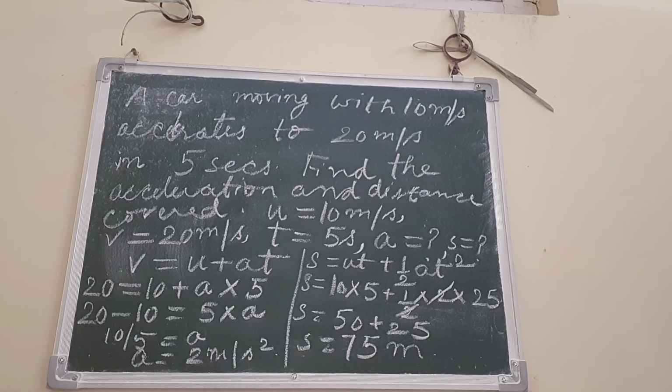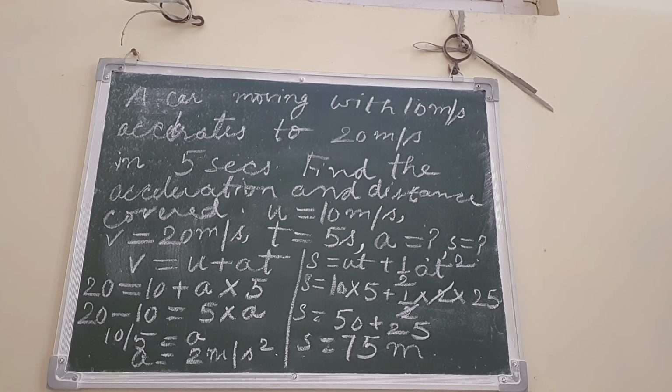A car moving with 10 meter per second accelerates to 20 meter per second in 5 seconds. Find the acceleration and distance covered. So initially the car was moving with 10 meter per second. So here u is the initial velocity, so it is equal to 10 meter per second. V is the final velocity and it accelerates to the final velocity 20 meter per second.